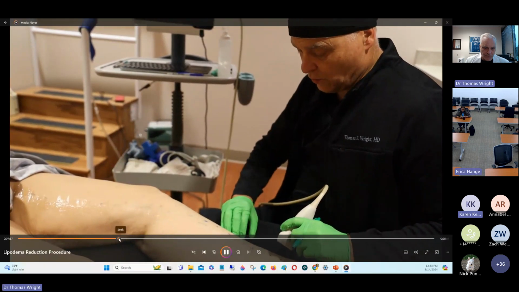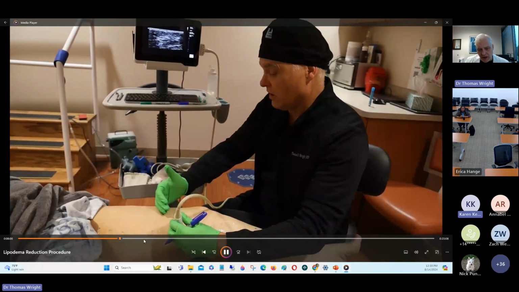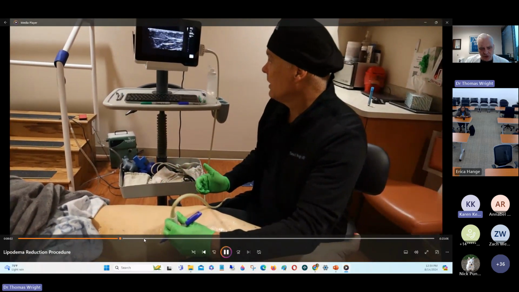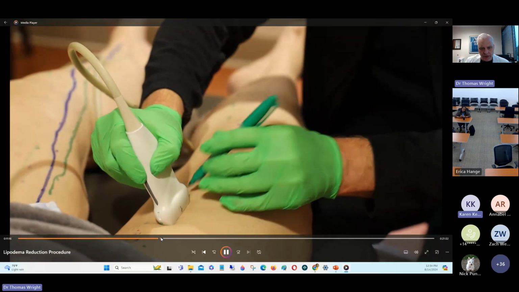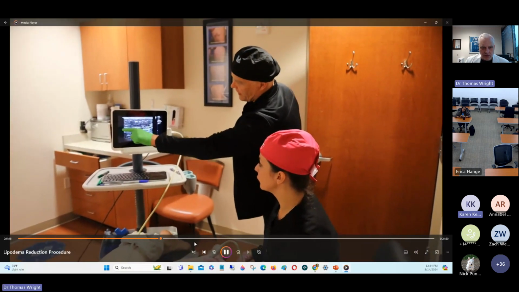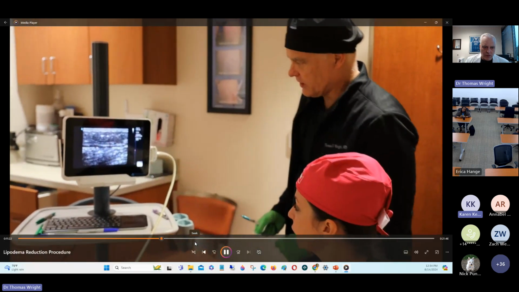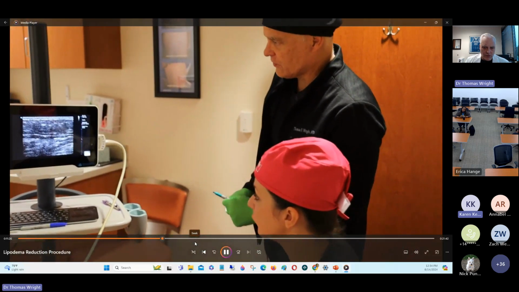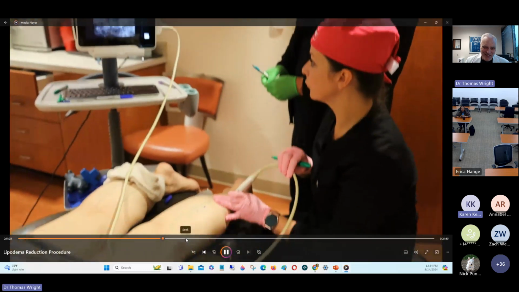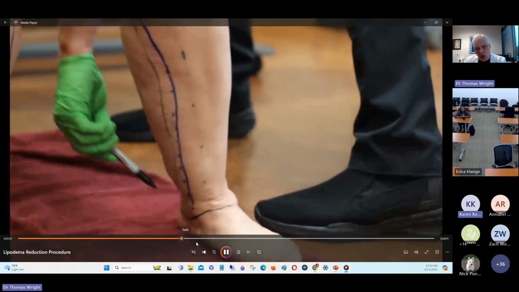This is me just mapping that, and then we have a beautiful lymphatic channel here going longitudinally, and my expert sonographer, Kristen, is marking it.